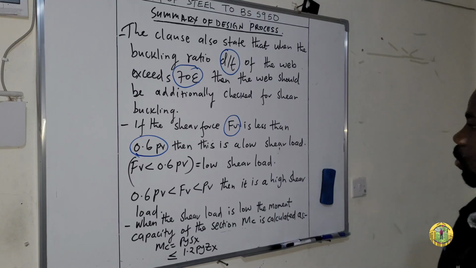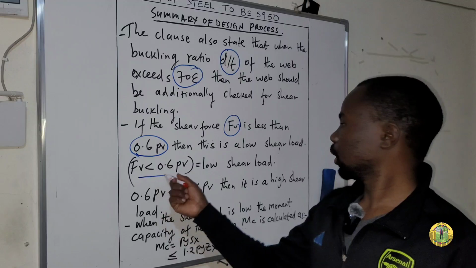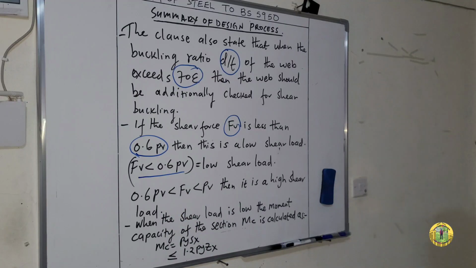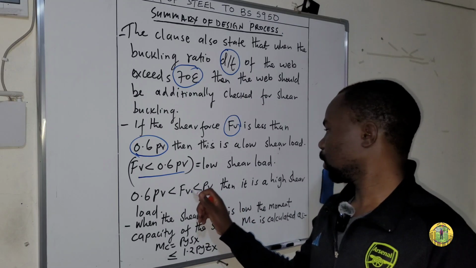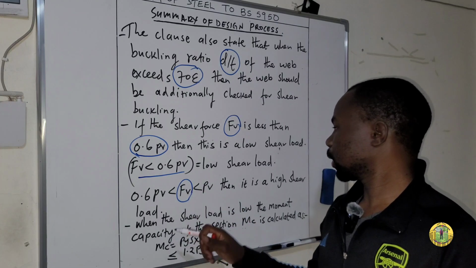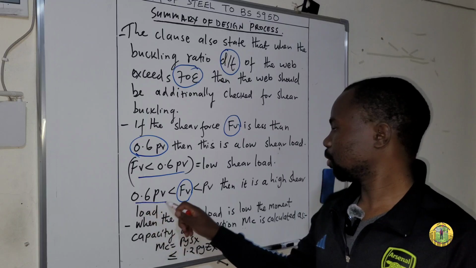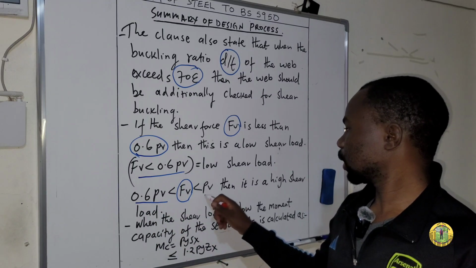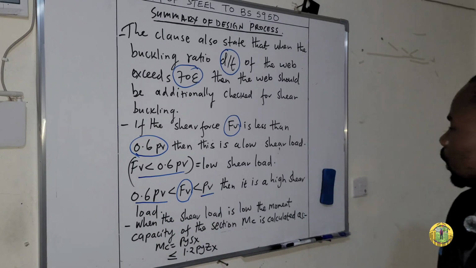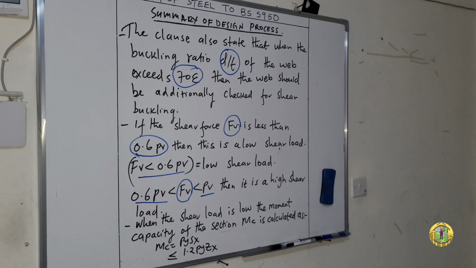If FV is greater than 0.6 PV but less than PV, then it is a high shear load.